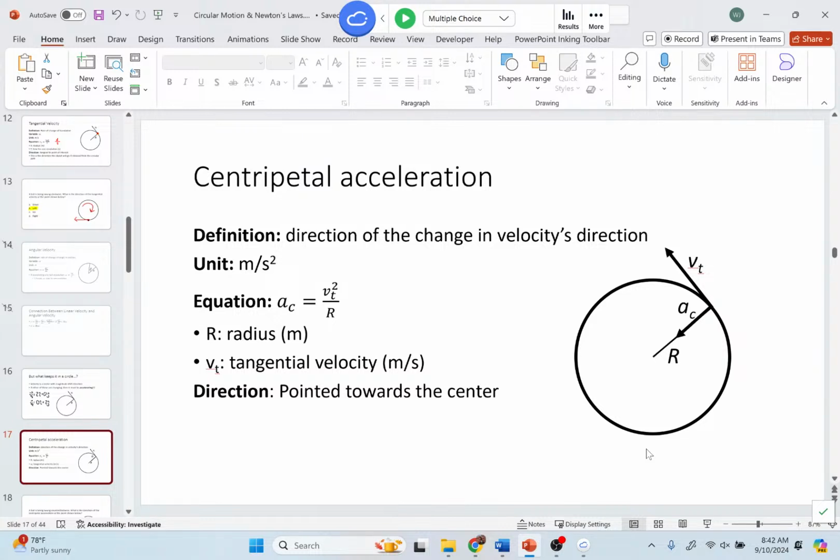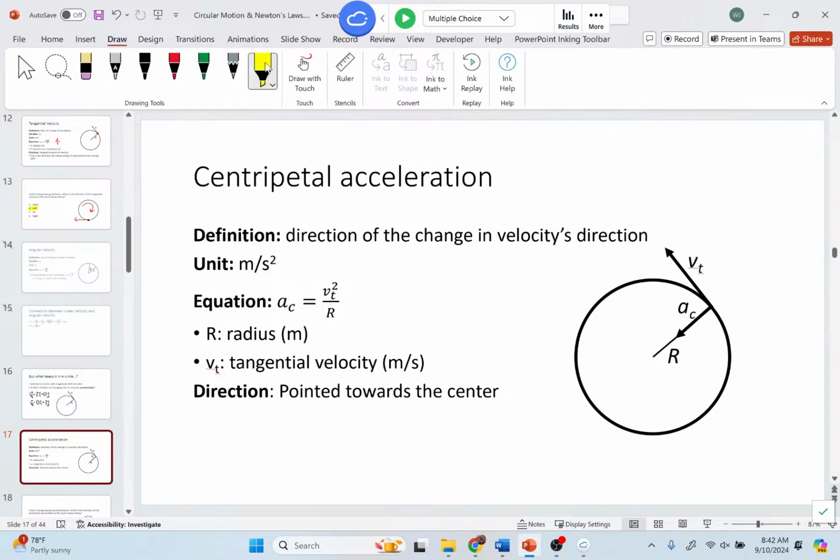Towards the sun. So if you're wondering why it's towards the center, just connect it to something that you're familiar with. Here's the sun. Here's Earth. Gravity points towards the sun always. Look at that. That's an easy proof for you all to be like, yep, that's definitely true.